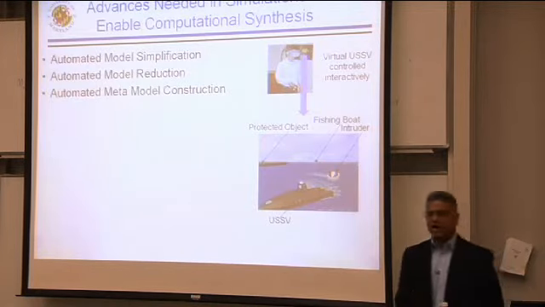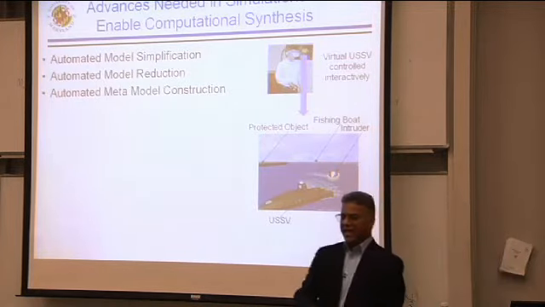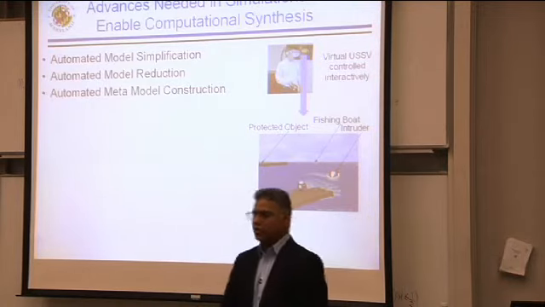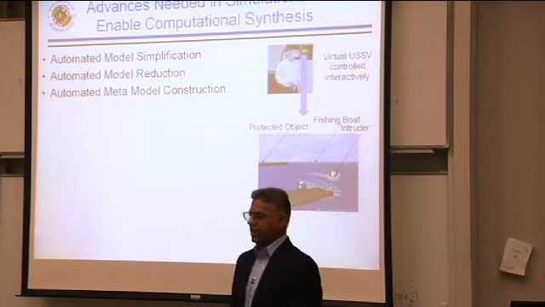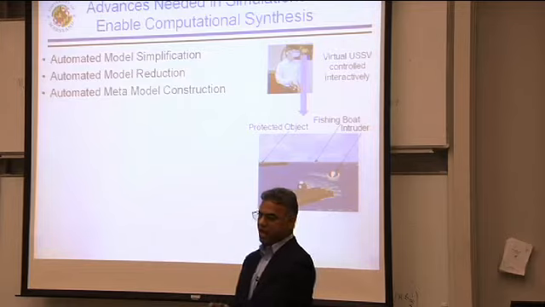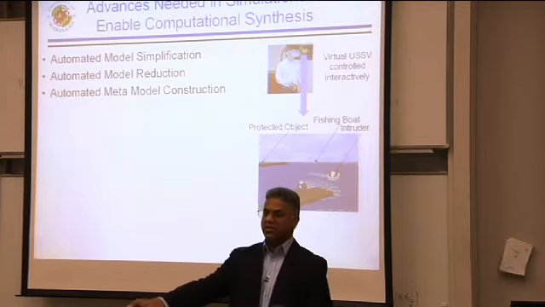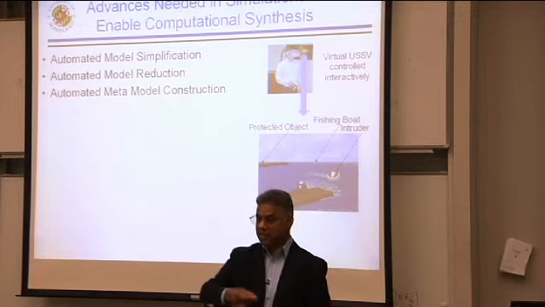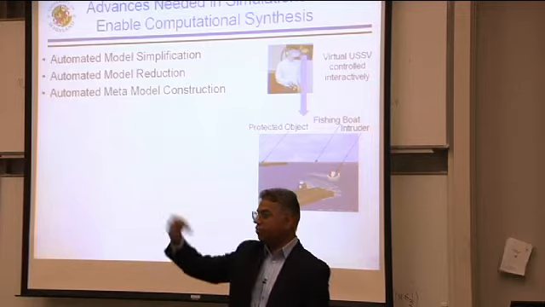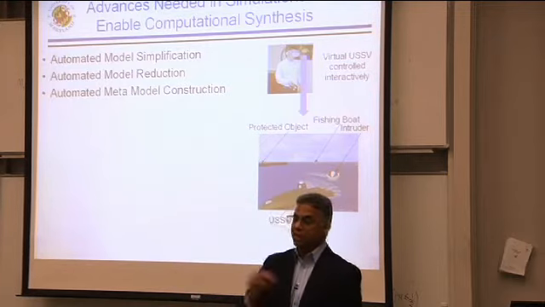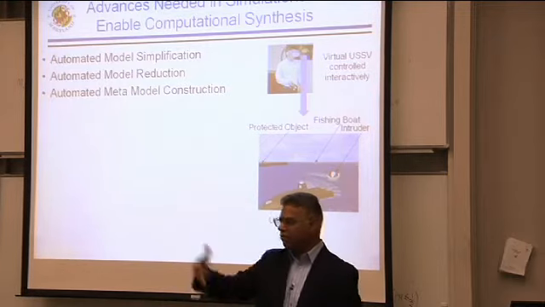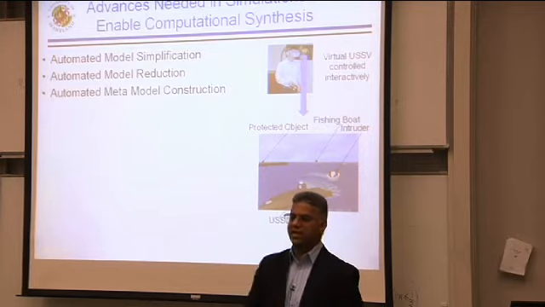So let me quickly talk about what kind of enhancements are needed in simulation. Imagine you are given a problem where you need to synthesize a robot behavior which has to be reactive in nature, and this robot boat has to operate in a high sea state, fending off some other boat, right? If you think about simulation, everything matters: the way the boat moves, the ocean state, lots of different things.